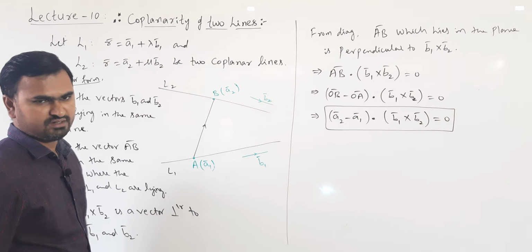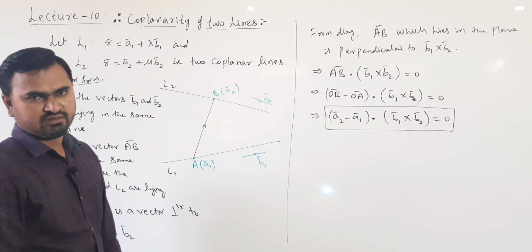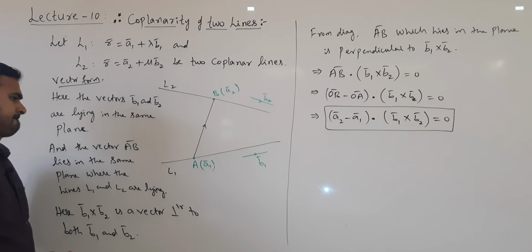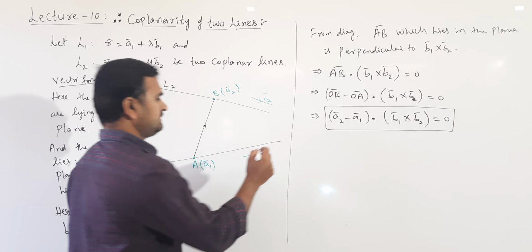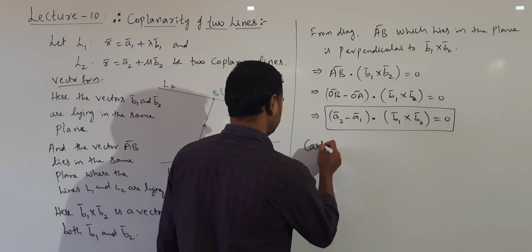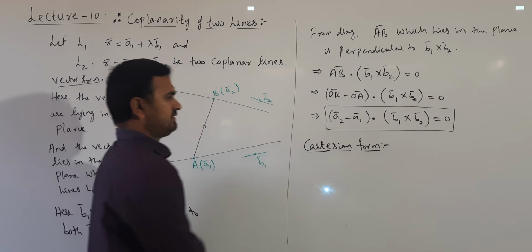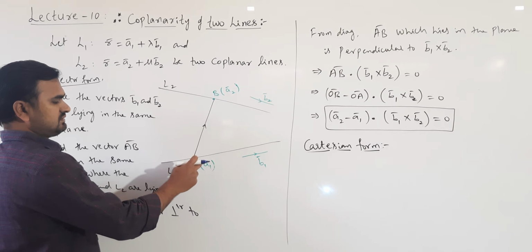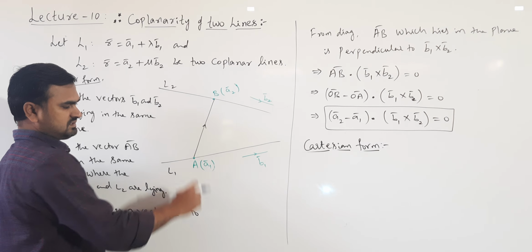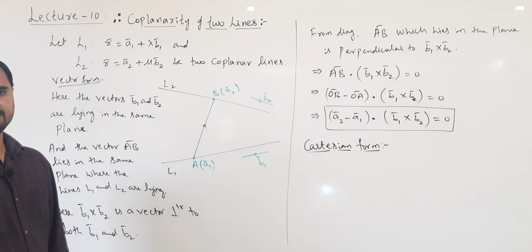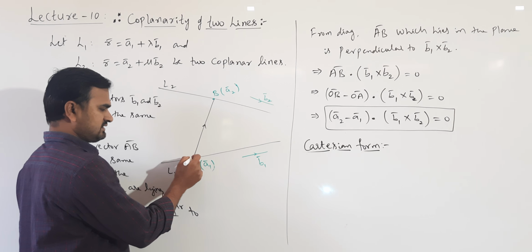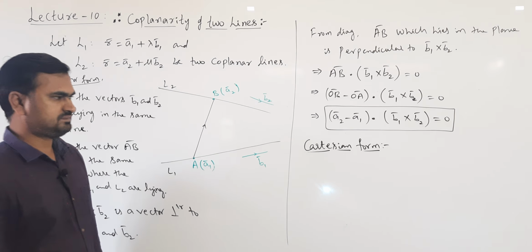Now using the vector form, we can derive the condition in terms of Cartesian form also. Note down this vector form first. In Cartesian form, what is A? It is the position vector of the point through which the first line is passing. I will take that point as x1, y1, z1.